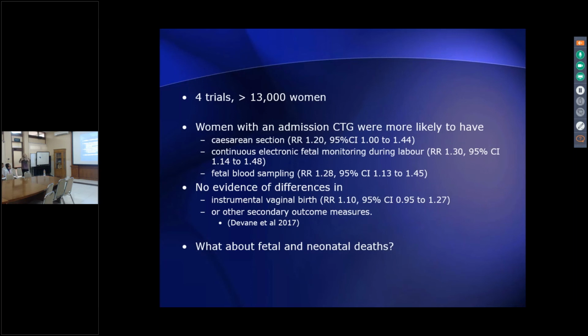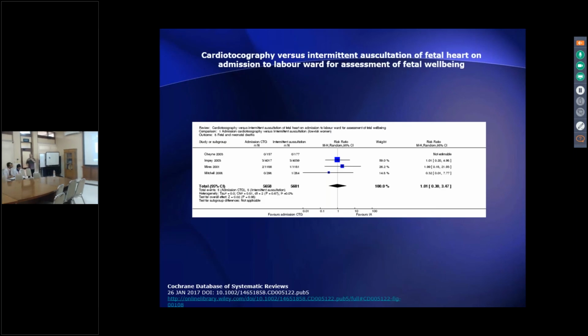But the reason we do this is to check the baby's okay, isn't it? And to prevent harm, particularly death. So what impact does admission CTG have on perinatal mortality rates? Well, here's the forest plot. What does it say? You now know how to interpret the forest plot. In one of the 4 studies contribute data, 1 study had no deaths. It was a relatively small study.